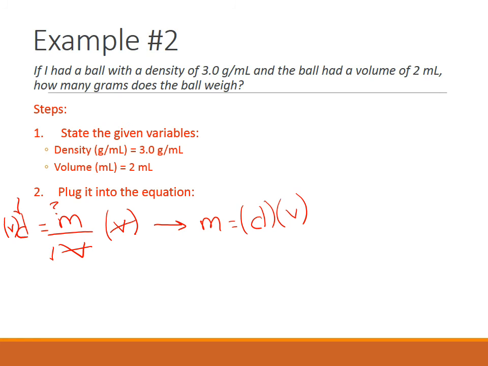Since I'm trying to find mass, I can plug in my two values. Density is 3.0 grams per milliliter, and the volume is 2 milliliters. My answer then would be 3 times 2, which is 6. My milliliters would cancel, and I'm left with grams. So 6.0 grams is my mass.